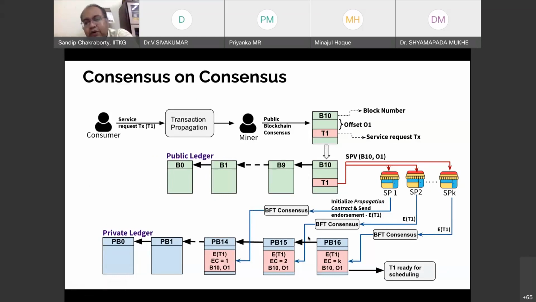If so, then we pick up that particular transaction for processing, because at that stage we are sure that these transactions have been endorsed by the majority of the service providers. So the service providers agree to execute this particular transaction.